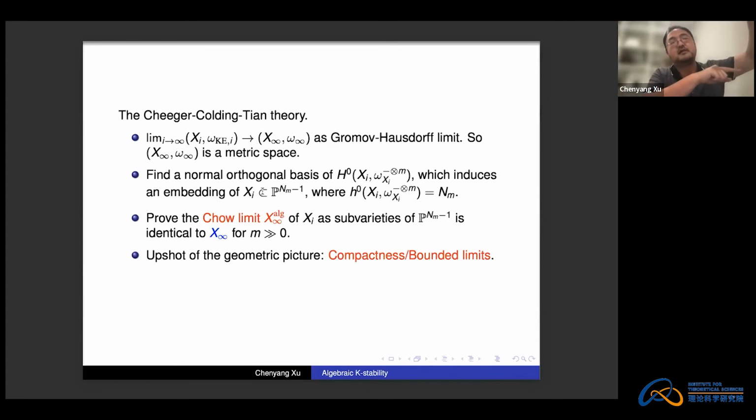Then the choice of sequence of points depends on whether the limit is on the first P^1 or the second P^1. But here, the point is the unitary group is a compact group. So when you move it, the limit will also differ by some compact group element. So this way you really get a well-defined algebraic space, which is just the Chow limit.